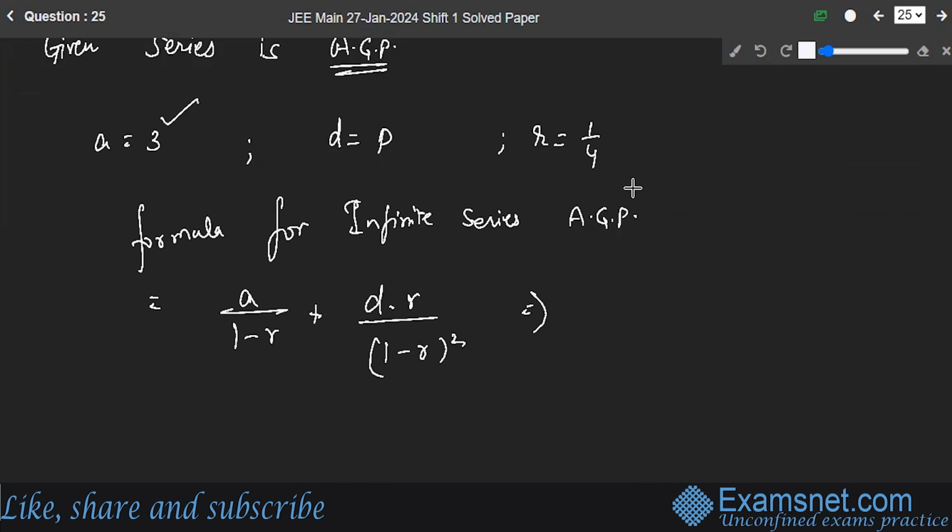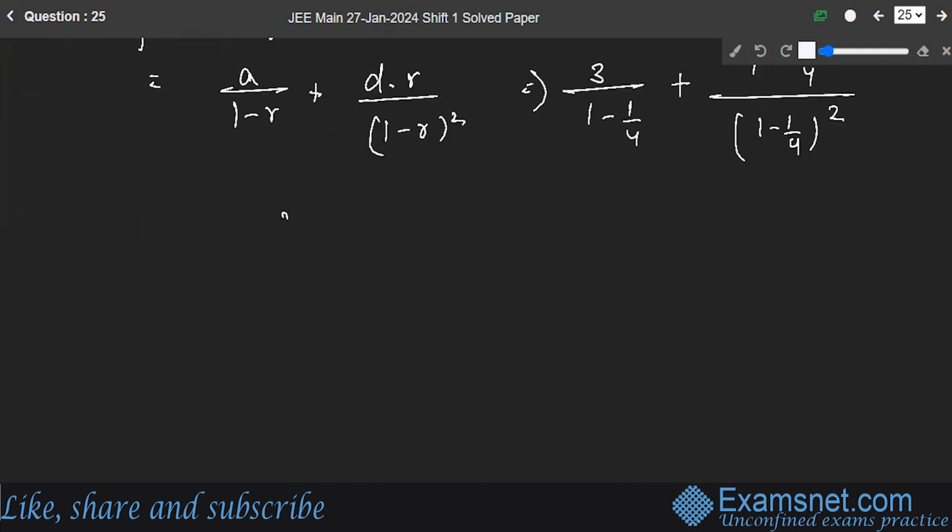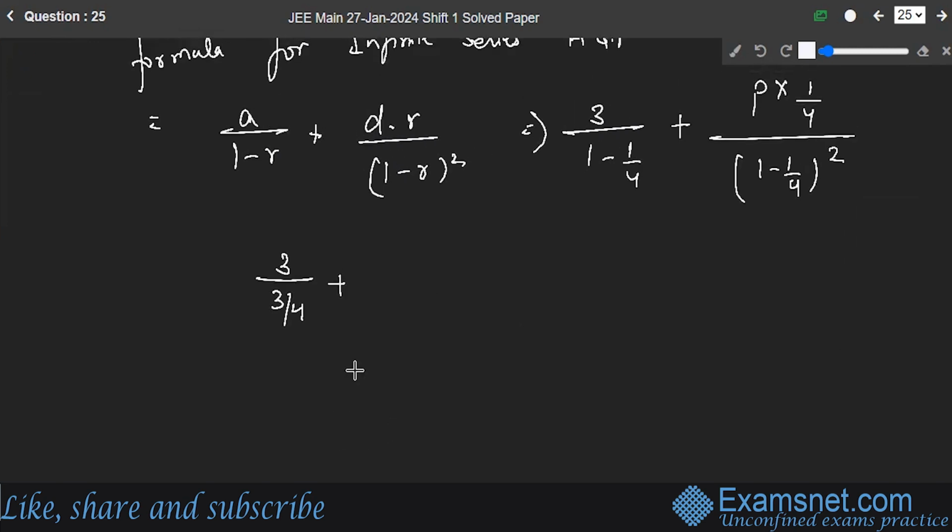So you have A as 3, R as 1 by 4, plus D is P in this case, and what do you have? R, 1 by 4 upon 1 minus 1 by 4 whole square. So this will give me 3 divided by 3 by 4 plus P by 4 divided by 3 by 4 whole square.